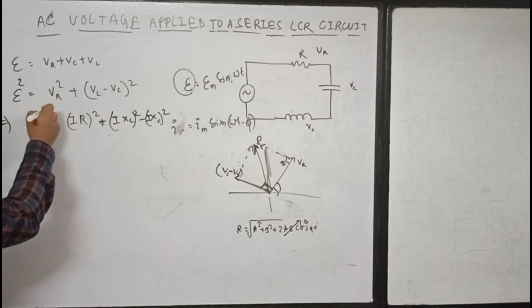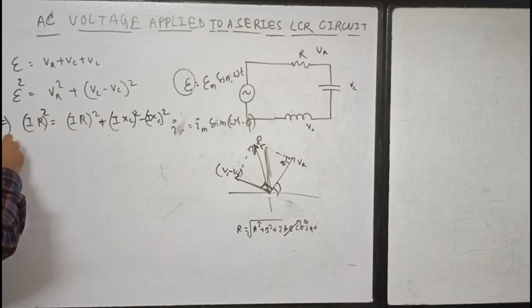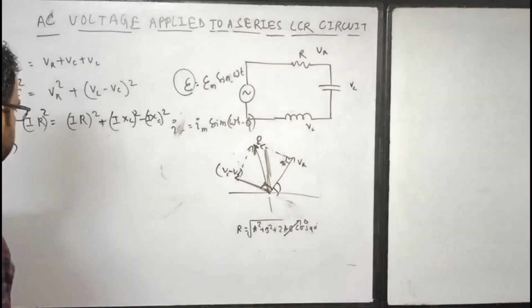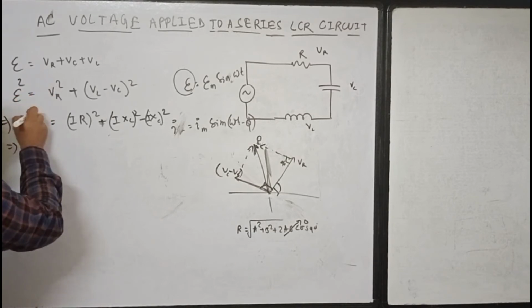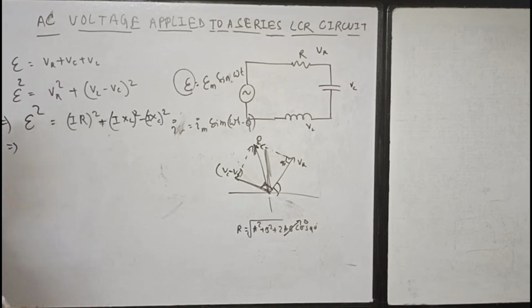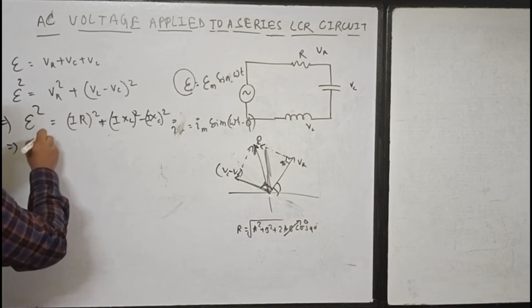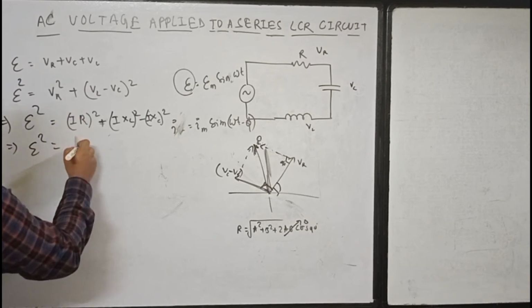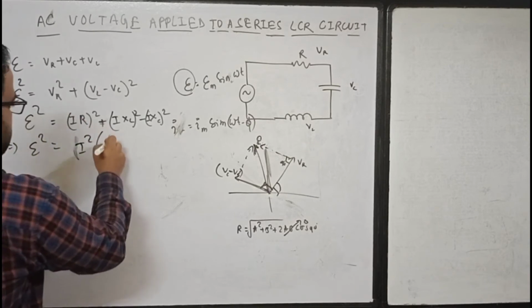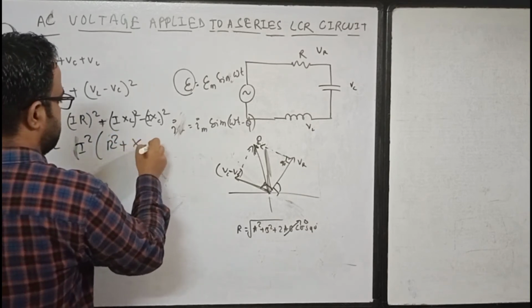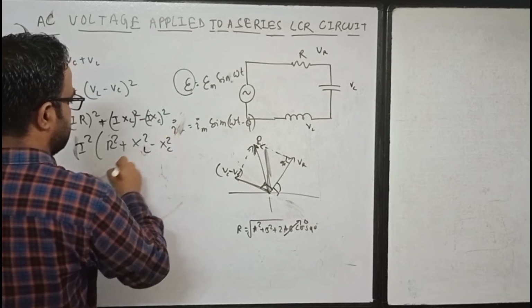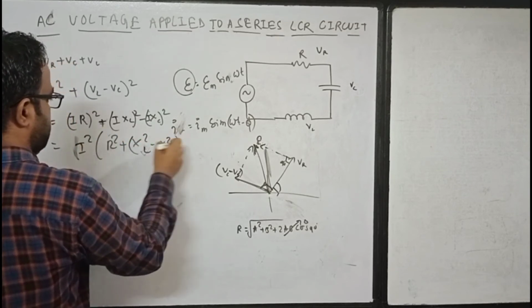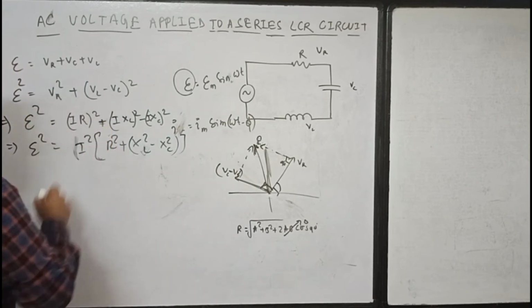If I take I common from everywhere, I square will come out. So the EMF square equals I square into R square plus XL minus XC whole square, you can write this, right?